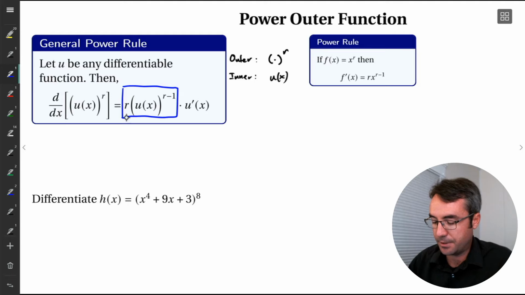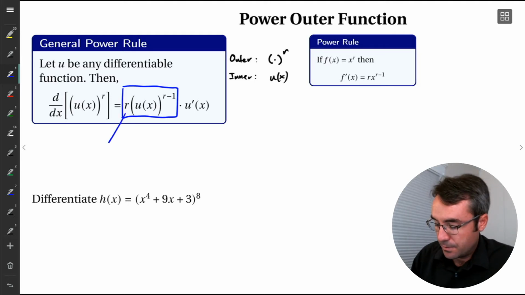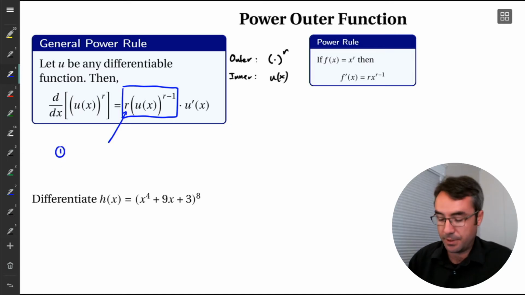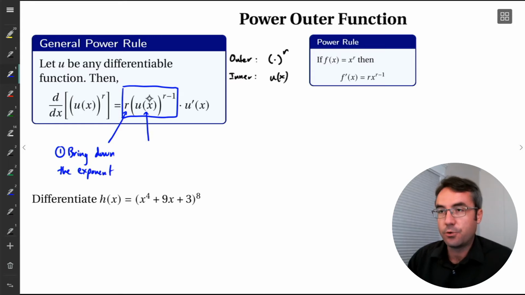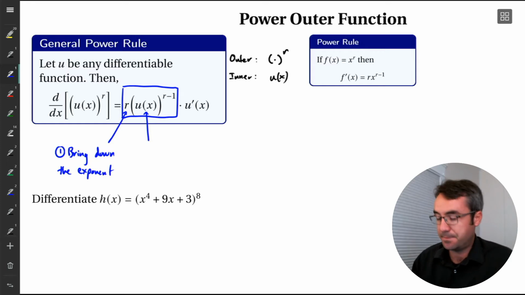So what have we done here? Basically the same steps as our power rule. Think of this as a process. Step 1, you bring down the exponent. Not too bad. Step 2, normally if it was just power rule, we'd bring down the exponent and keep our variable the same. Now for a general power function, we bring down our exponent and keep the terms inside the parentheses the same.